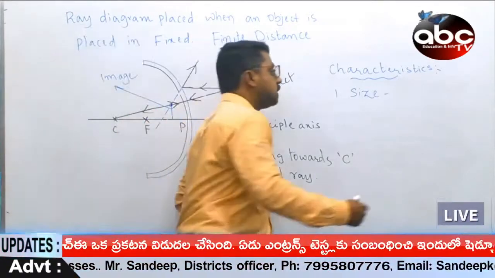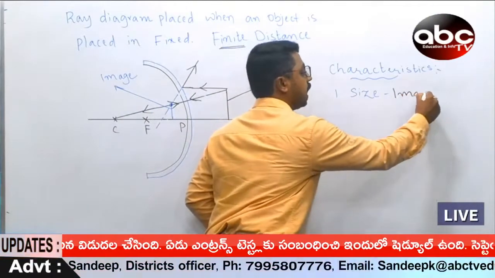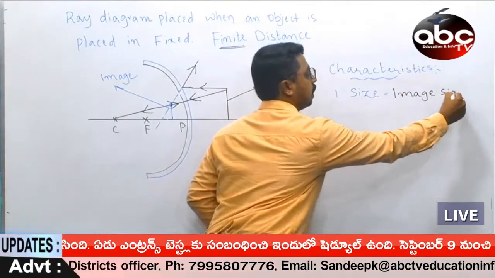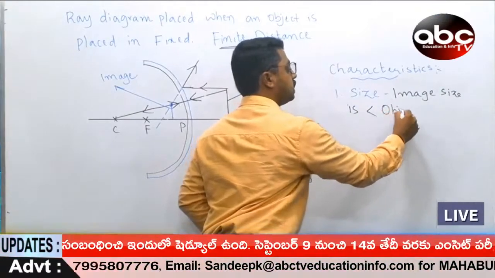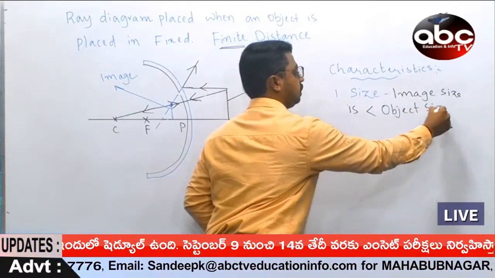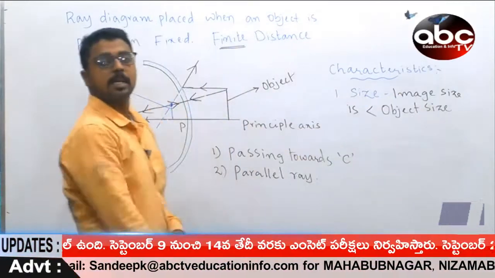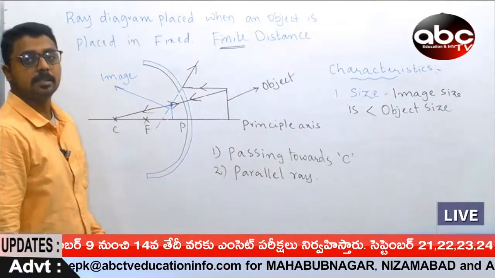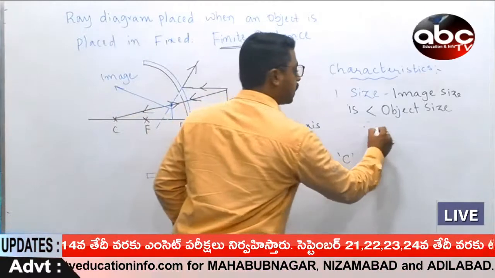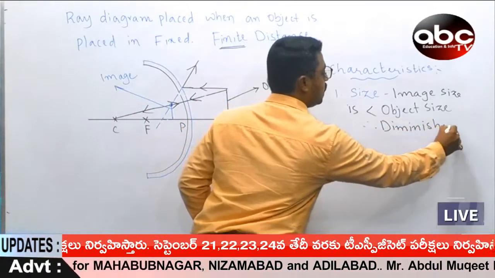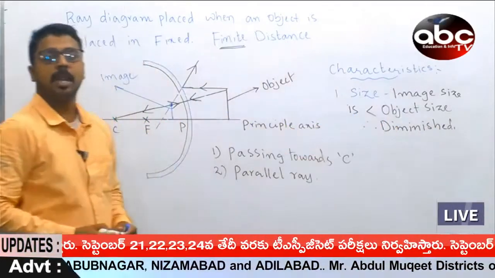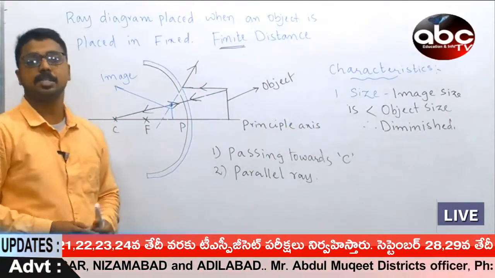So we can say the image size is less than the object size. Therefore, we expect the image to be a diminished image.